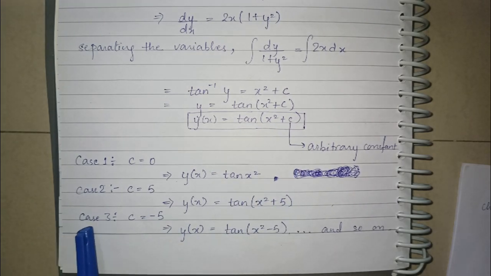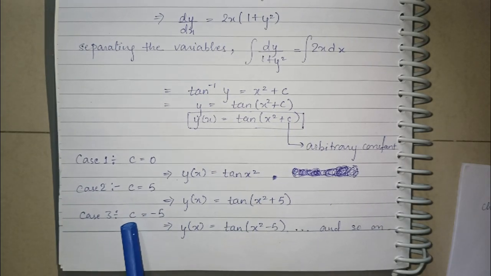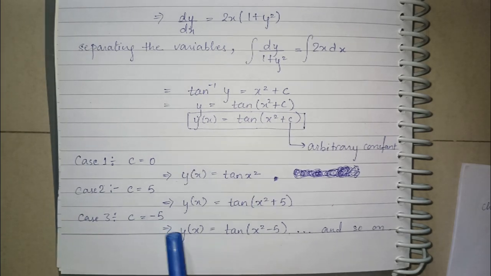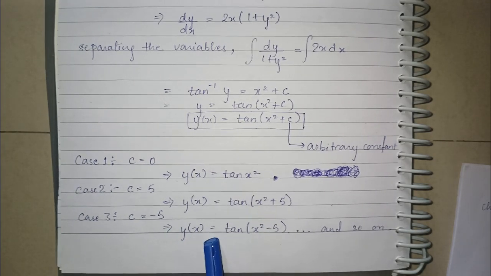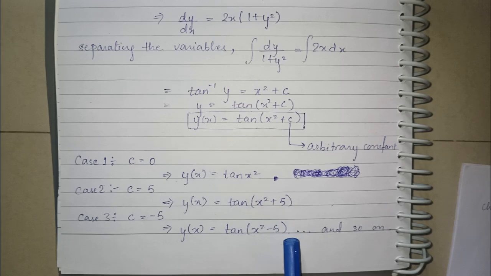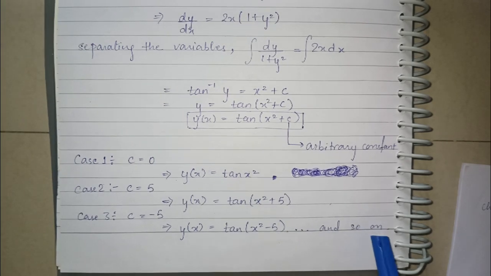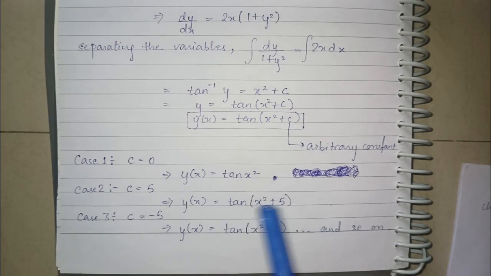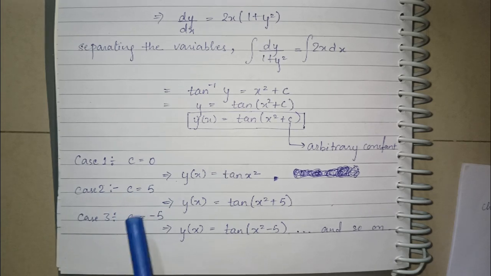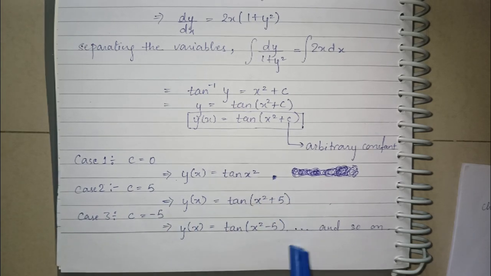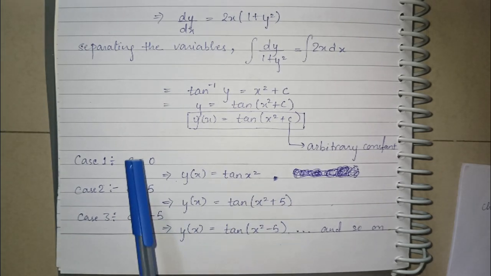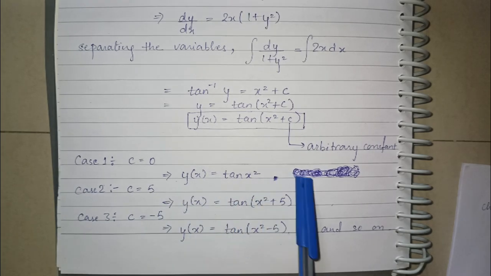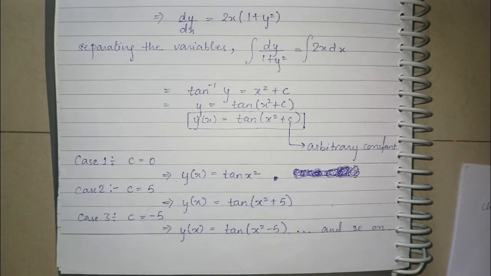In case 3, we put c as minus 5 and our function becomes y equals tan(x square minus 5), and so on. You can observe that for each value of c we get a unique solution, right? So if we keep putting these values, we'll get infinitely many solutions.